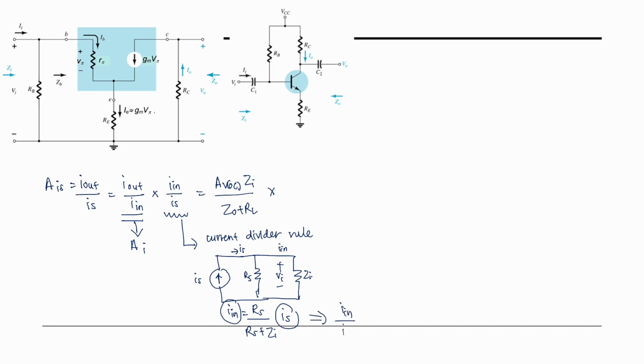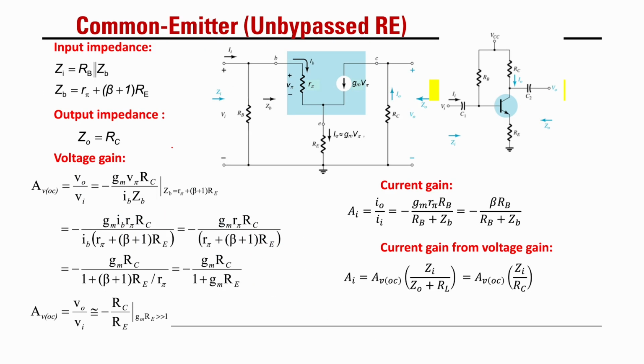I in over IS is equal to RS over RS plus Z in. So we can put inside here RS plus Z in, and you will get the relation of AIS. All right, so this is it.